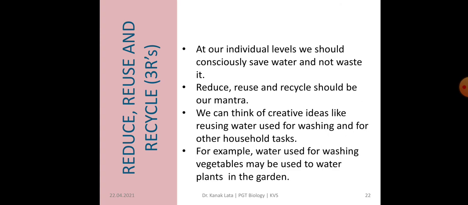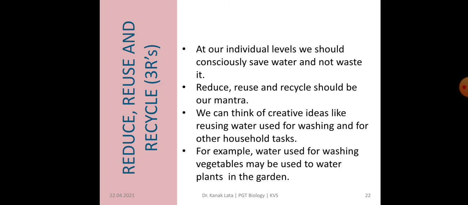Now at last we will see what the 3 R's are: reduce, reuse and recycle. At our individual levels, we should save water and should not waste water. So reduce, reuse and recycle should be our mantra.